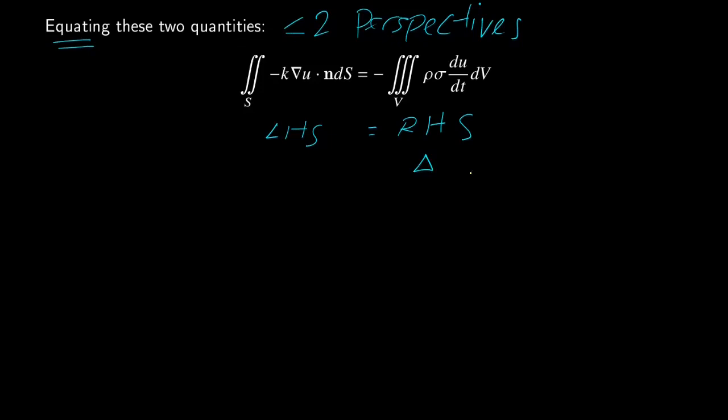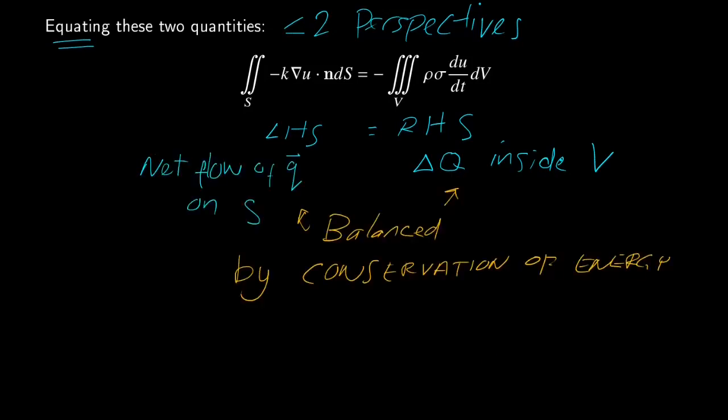The right hand side is a change in total heat, what we call delta Q, the big Q inside B, and the left hand side is the net flow of heat on the surface S. We can do this by conservation of energy. See now, whatever heat flow change at the surface is balanced by the change in heat content inside the volume.